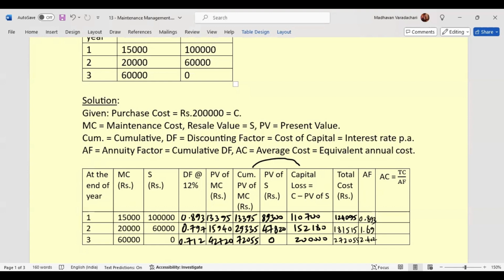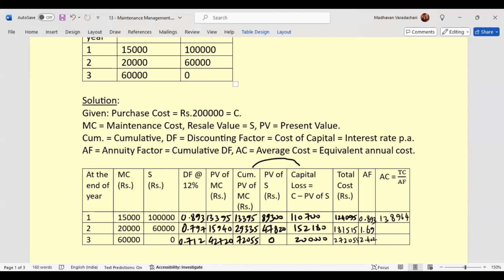Now, average cost or the equivalent annual cost will be total cost, that is this divided by this. So first one, 124,095 divided by 0.893, we get 138,964. Second one, 181,515 divided by 1.69.